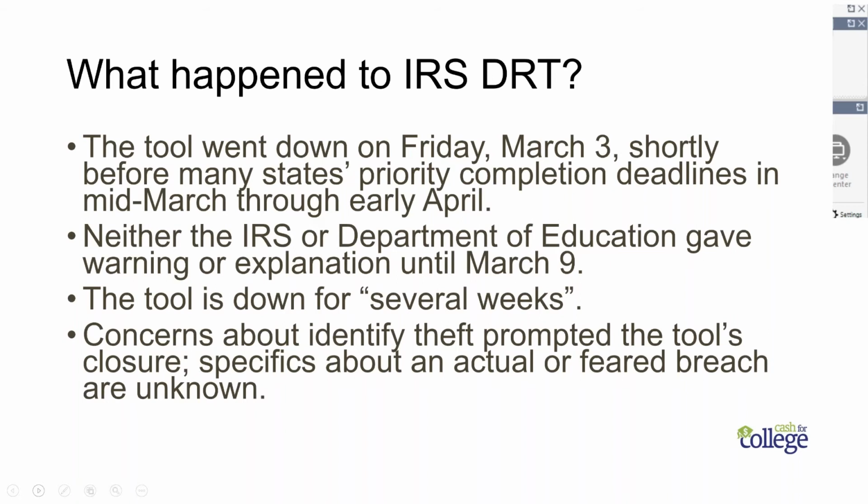And what they said basically is that there are concerns about possible identity theft as related to the IRS data retrieval tool, though that we're aware of there have not been any actual cases of that happening. So basically they said they want to look into these concerns and make sure that the tool is secure.